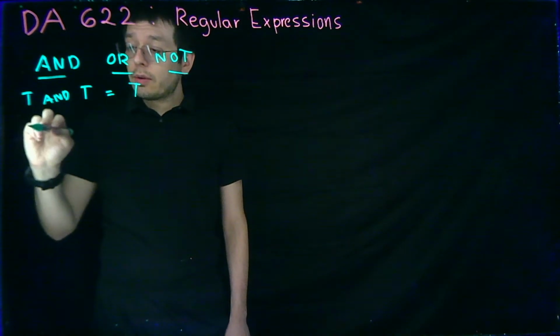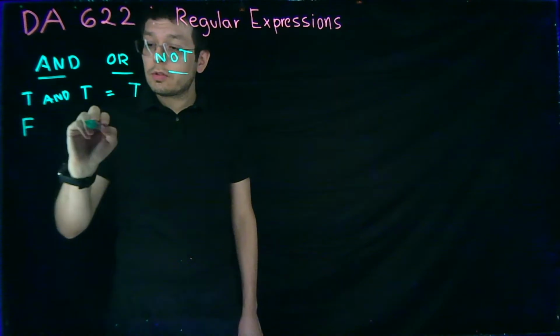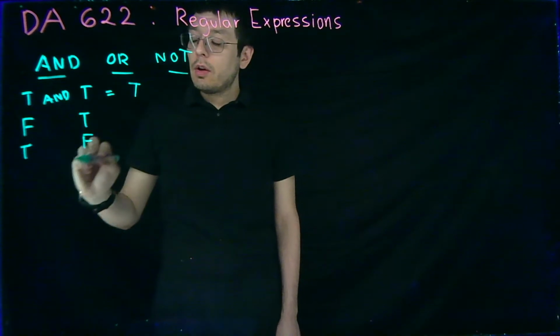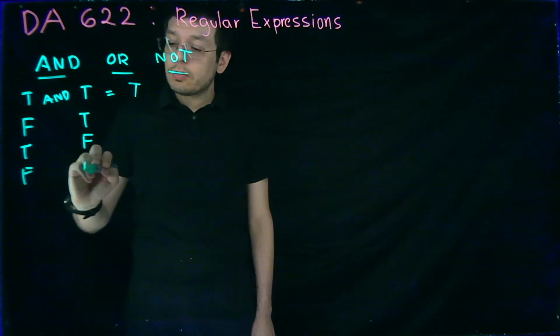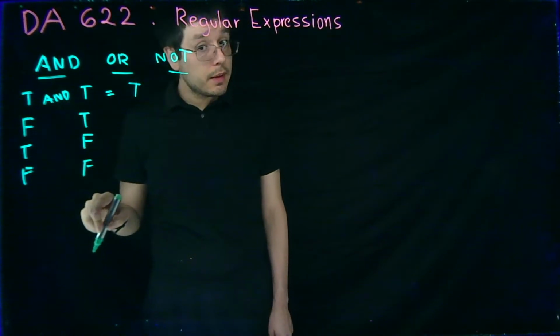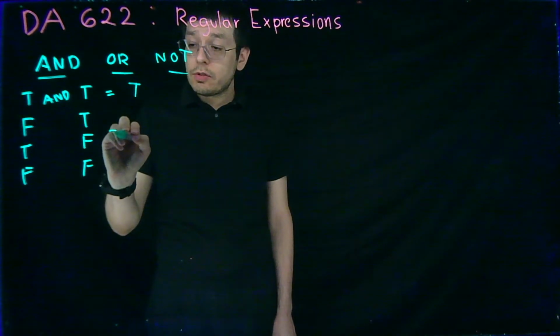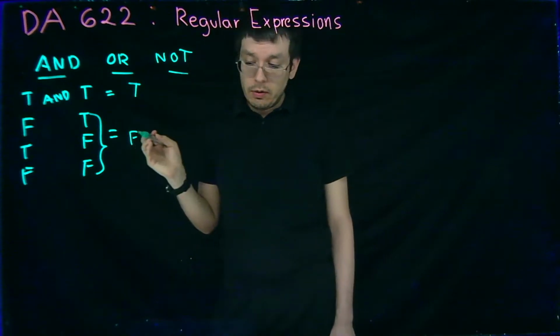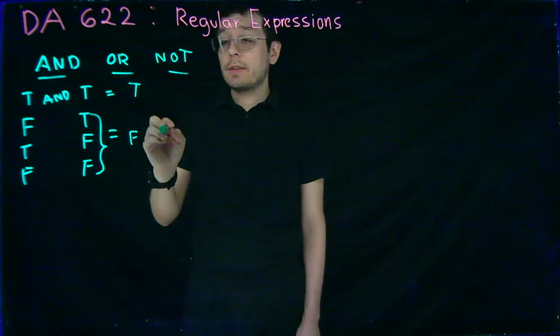In other scenarios, for example, if something is false and something is true, in either of the two cases, or both things are false, if we're anding them, then for all of these three scenarios, you're going to get false. That's the and.